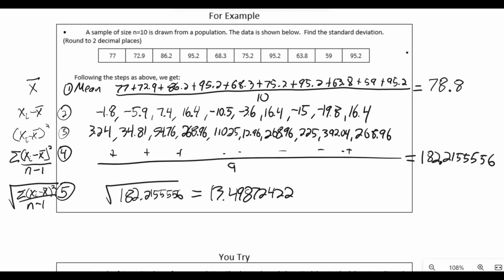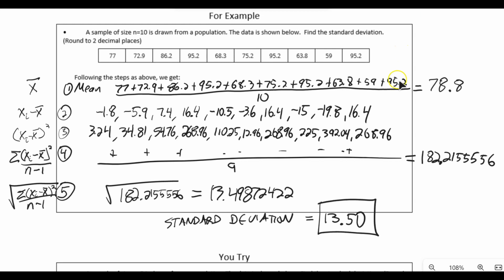And so we get the standard deviation rounded to 2 decimal places, 13.50. We'd have 498 rounding up to 500, 2 decimal places, 49.8 up to 50, etc. That's our standard deviation by hand.